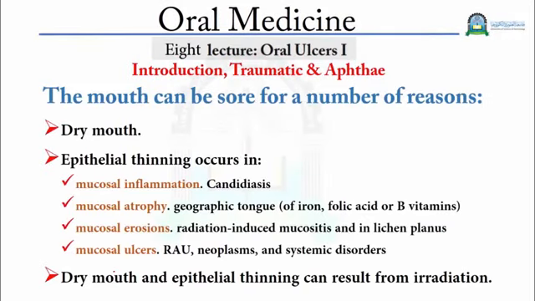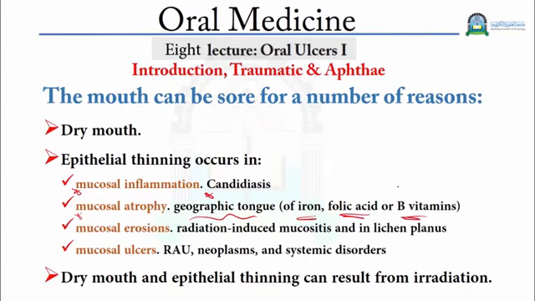The mouth can be sore for a number of reasons. Dry mouth may lead to oral soreness. Epithelial thinning occurs in cases of mucosal inflammation, such as that caused by candidal infection, and mucosal atrophy due to geographic tongue, as we mentioned in the last lecture, and due to iron deficiency, folic acid deficiency, and vitamin B deficiency.